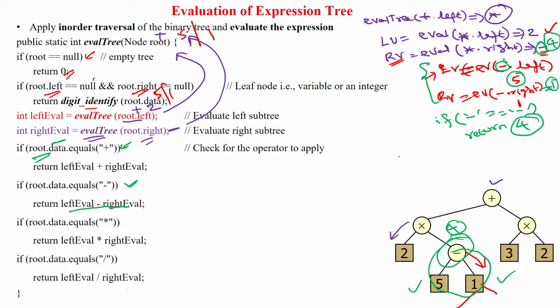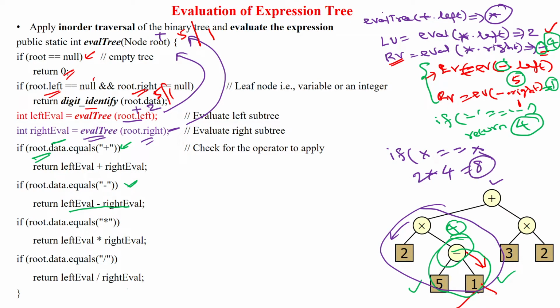Then now we can say evaluation of this right subtree. If into mark equal to into mark, then we will return: 2 is the L value, 4 is the R value, so we will return 8. So 8 is returned here to the plus.